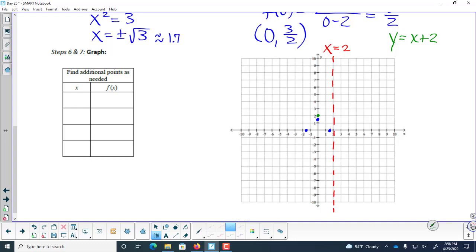And the slope is the number in front of x. It's 1 over 1, rise over run. So that means we go up 1, right 1, up 1, right 1, slope of 1. Down 1, left 1, down 1, left 1.